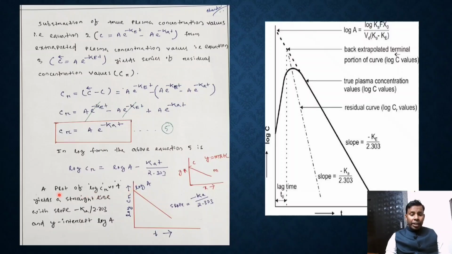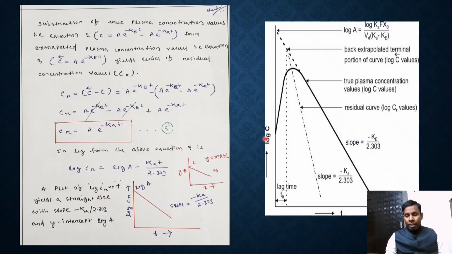So if we plot a graph between log CR versus t, log CR on the y axis, t on the x axis, we will get a straight line whose slope is minus Ka by 2.303.